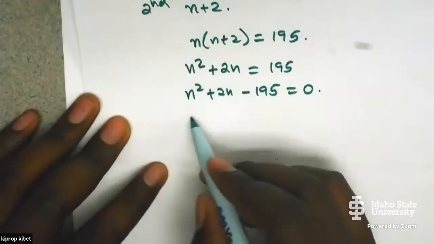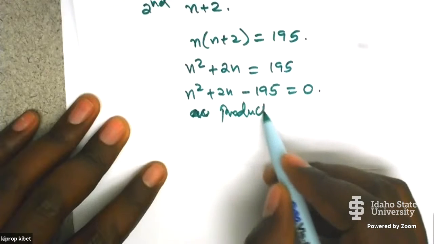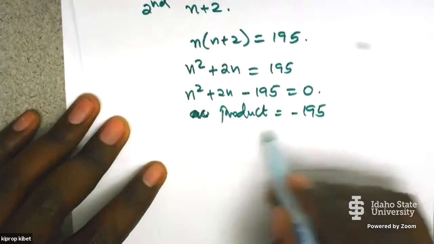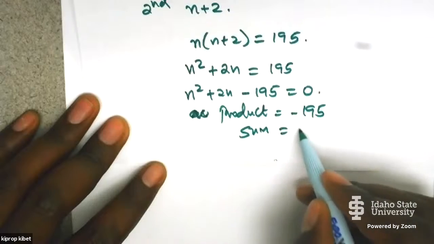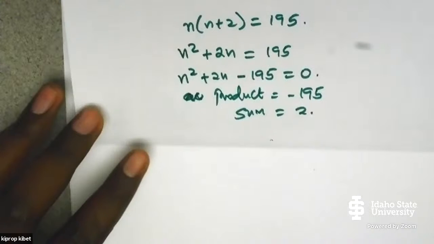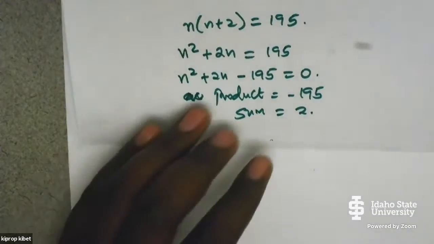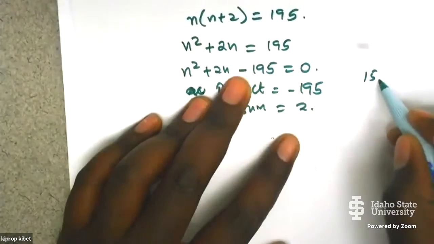So we need to get two numbers whose product is minus 195 and whose sum is 2. What are the two numbers? 15 and 13, right?